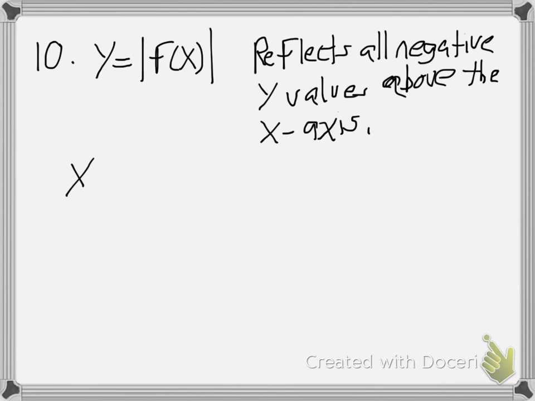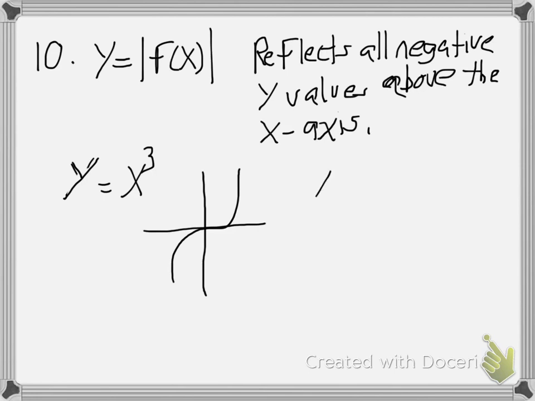y equals x cubed. Okay, the graph of that looks something like this. Okay, here's my x and y, comes up, goes up like that. But if I take y equals the absolute value of x cubed, what happens to my graph?